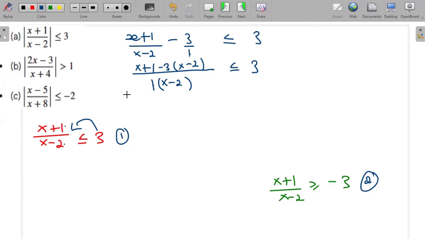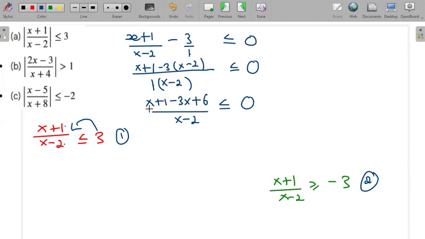So what we get on top is x + 1 - 3x + 6, divided by (x - 2), less than or equal to, why did I write 3 here? You guys are not correcting me. We brought the 3 to the other side, so we remained with the 0 here.